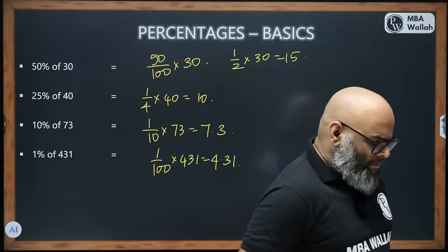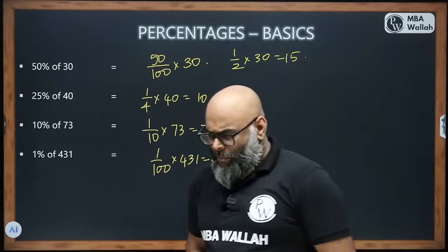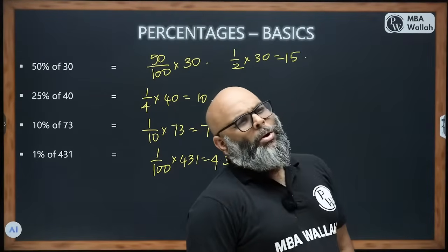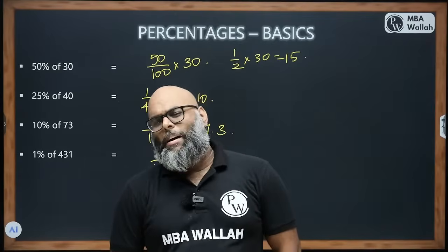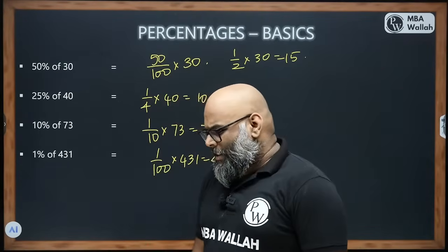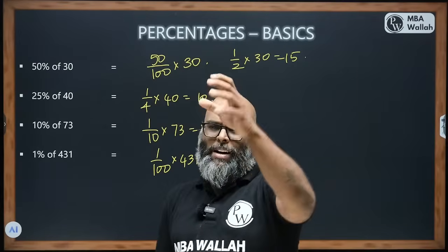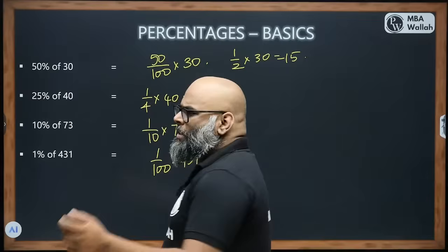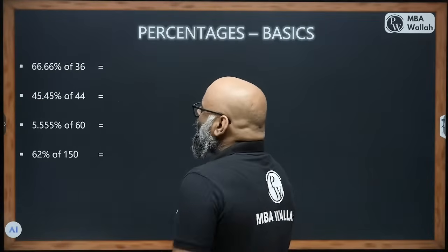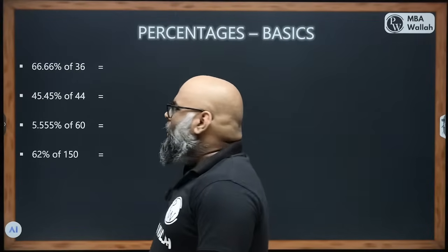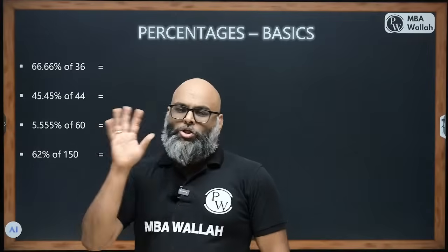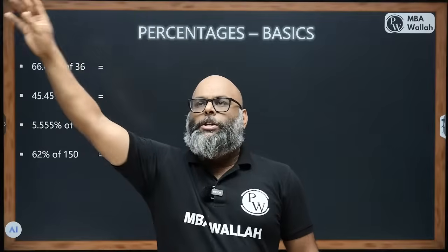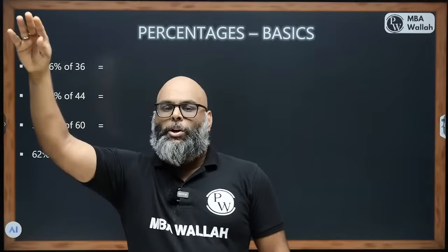Yes. Now this brings me to the realization that maybe looking at it as a percentage was a bad move. Maybe looking at it as the a by 100 into B format is where our downfall was. And obviously you would have brought that same approach here. You would have written 66.66% of 36 as 66.66 divided by 100 into 36.